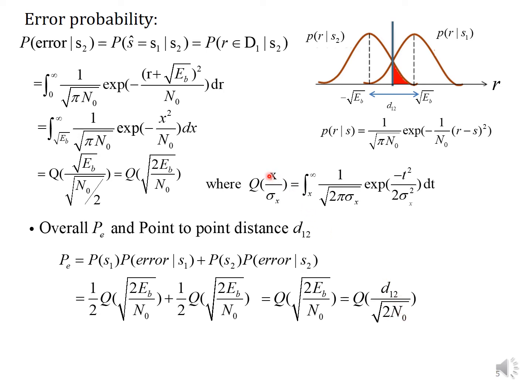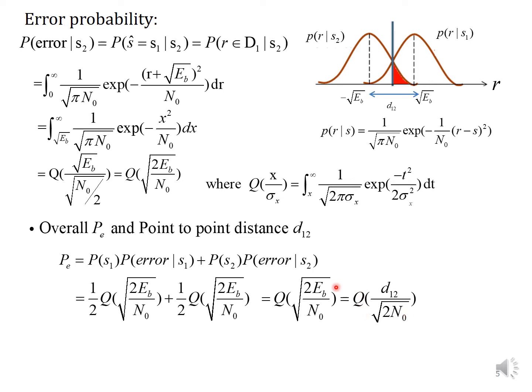The smaller the D12, the larger the Q function, and the larger the D12, the smaller the tail probability, or the smaller the error. So the distance determines the error probability.